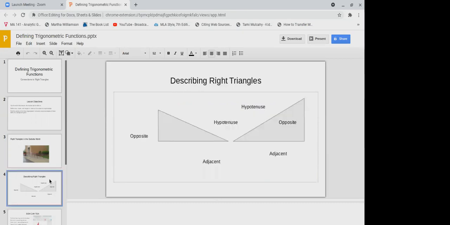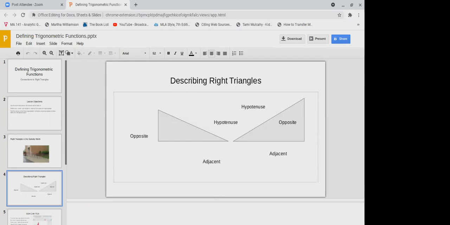So trig functions have a lot of applications in that way. And when we describe right triangles, we have a lot of different terms, but today I'm going to focus on the terms that are germane to finding the ratios for right triangles, and that is the opposite side, the adjacent side, and the hypotenuse. Now, I've featured two triangles here, but you could have your triangle in any other orientation.